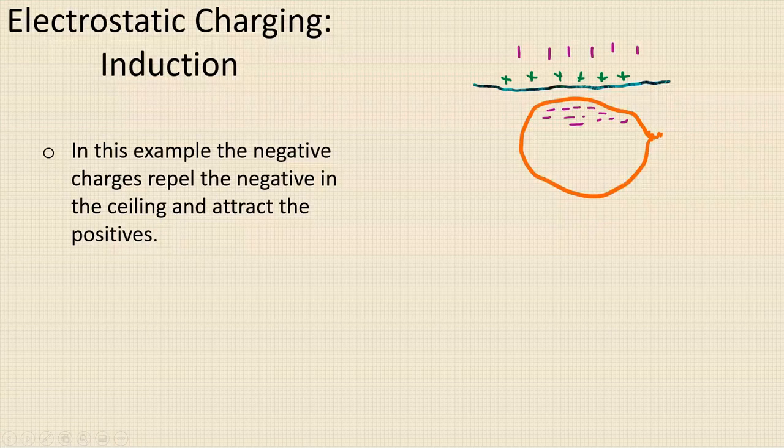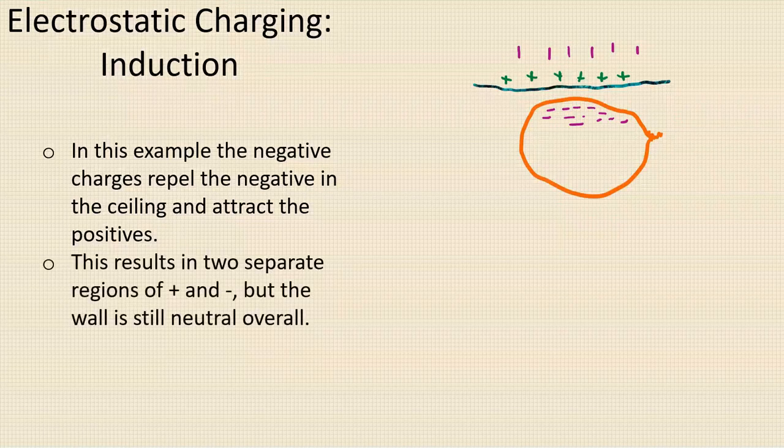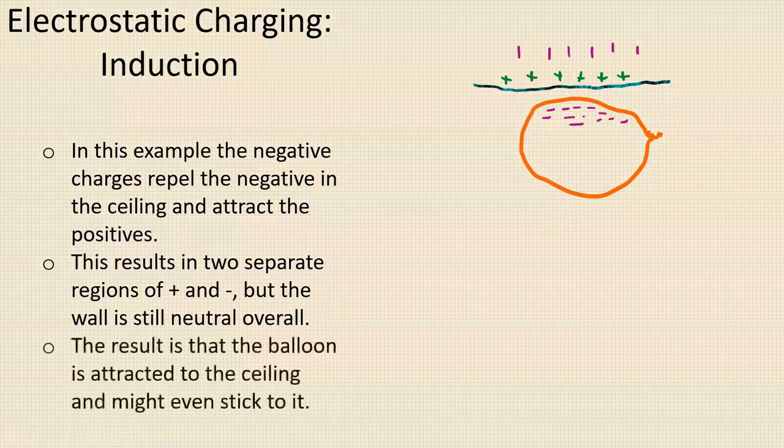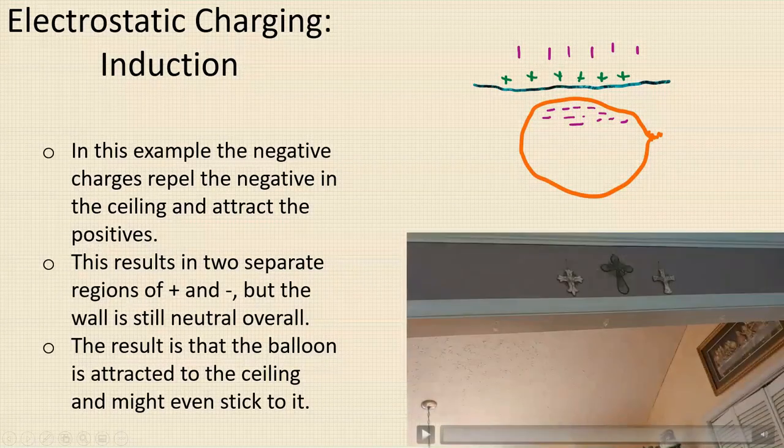So the negative charges are repelled and the positives attract. The result is two separate areas, a negative area and a positive area. Those are the poles electrically, or in that polarization idea, but it's still neutral. And then the balloon attracts to the ceiling, and it might even stick to it.